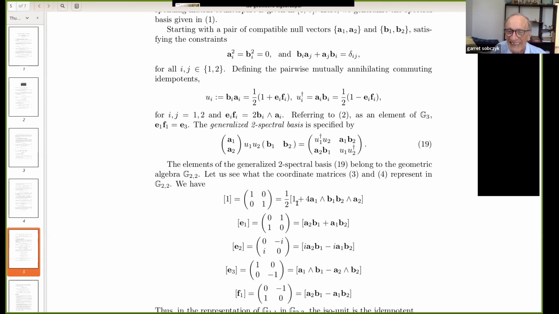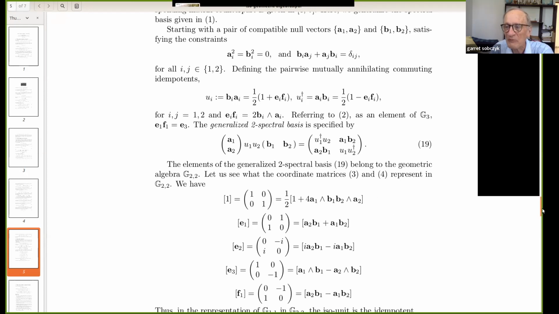So in this case, the iso unit is not the standard 1, but it's a mixture of a scalar and a 4 vector. Okay, so that's like the iso unit in the geometric algebra then.